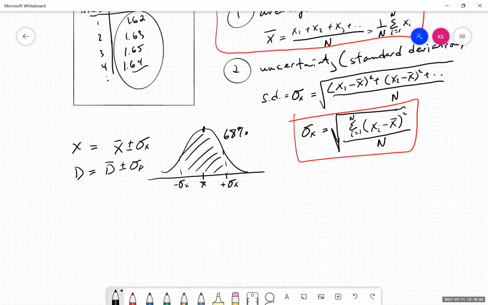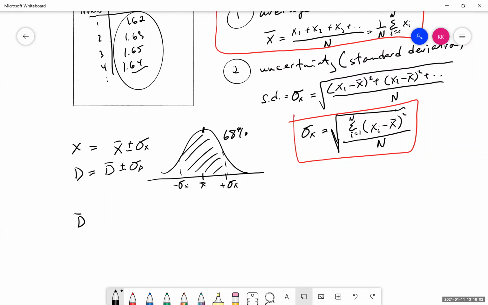For example, I can say the diameter is its average, say 1.25 centimeters, plus or minus its uncertainty. When we calculate, the common rule is to always have just one significant figure for the uncertainty, so let's say 0.02 centimeters. Uncertainty also has units, the same as the diameter, because it's the uncertainty of the diameter.